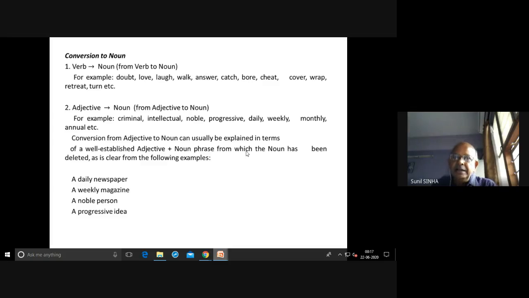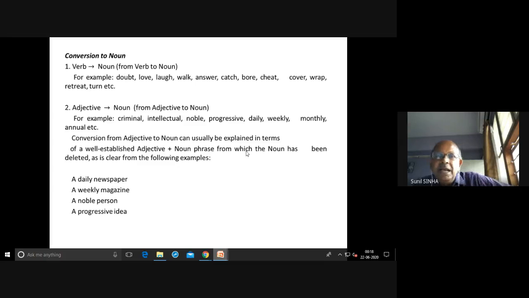Now look here, at the bottom of this slide, you will find a few phrases: a daily newspaper, a weekly magazine, a noble person, a progressive idea. In all these cases, daily is an adjective. A daily newspaper, a newspaper that comes daily. A weekly magazine. Weekly is an adjective. And sometimes we delete newspaper and simply say a daily.